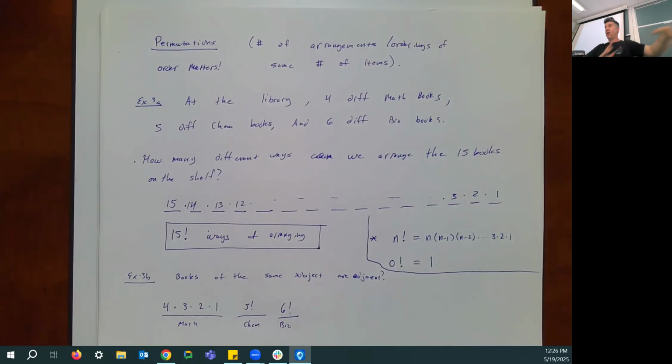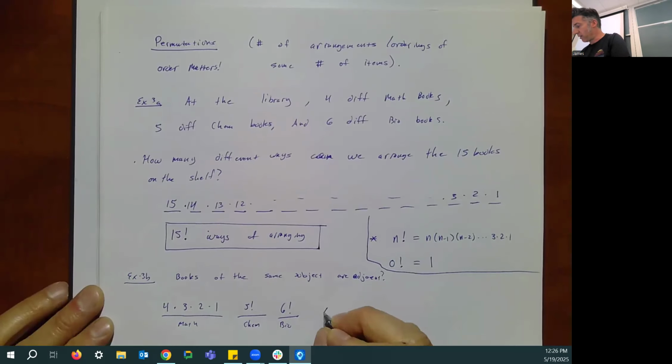And then we also have to think about, we didn't have to put math first, chem second, bio third. We could have put math first, bio second, chem third, or chem first, bio, math, or chem first, math, bio, or bio first, math, chem, or bio first, chem, math. So there's 1, 2, 3 factorial ways of arranging the subjects.